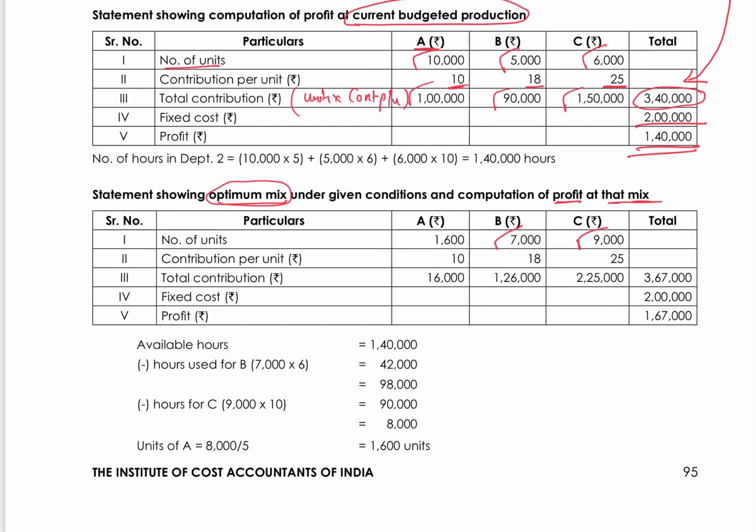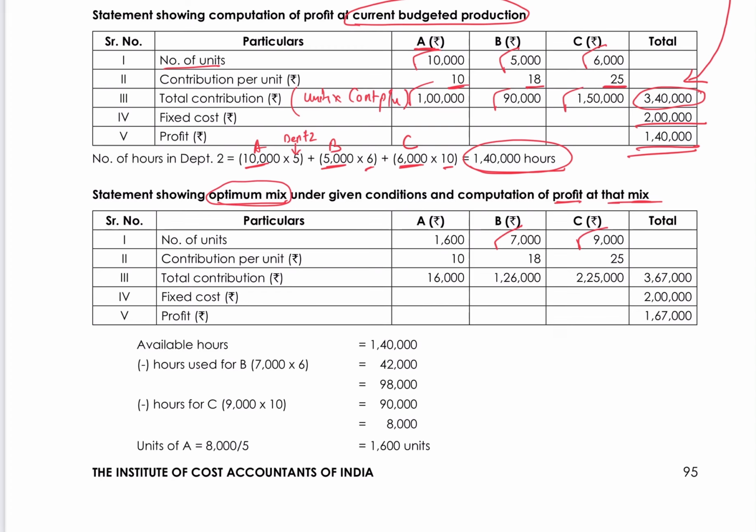While doing this we have to find how many hours, because hours are the limiting factor for us, from department 2. In the current budgeted production, producing 10,000, 5,000 and 6,000 units of A, B and C with department 2's hours of 5, 6 and 10, we were utilizing 1,40,000 hours.